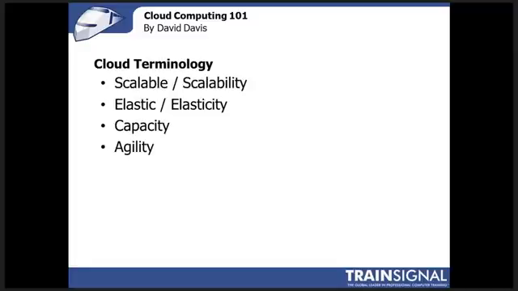So scale, or scalability. You want your infrastructure to be scalable, right? Let's say you have 50 servers today, and the CIO walks in and says, okay, over the next year we're going to open up 1,000 new locations. Can the infrastructure support it? Well, you want a scalable infrastructure that can.